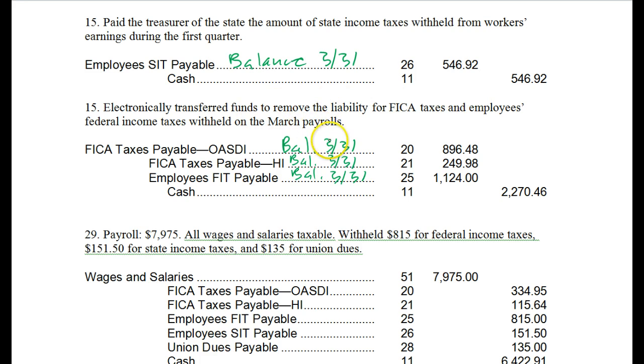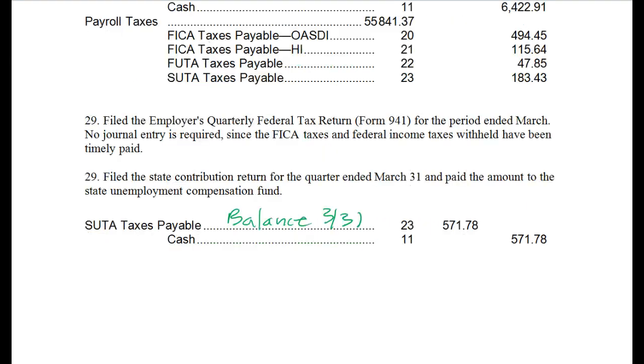Again, the balance that's in the ledger card, which you should be posting to keep a current balance, the balances in those accounts as of 3/31 were these three numbers. So that's what you're going to be paying. And that's pretty much how all those liabilities go.